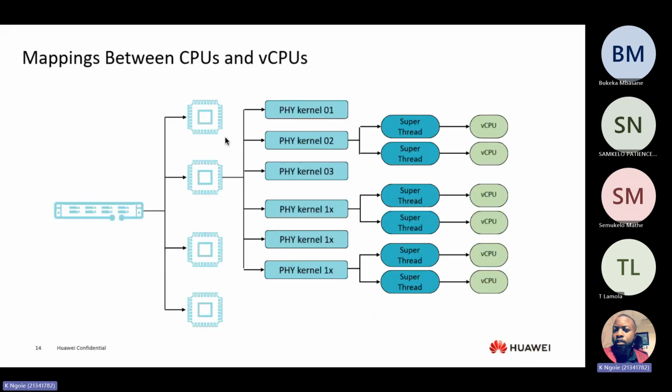Today we're going to start by talking about mapping between CPUs and vCPUs. vCPUs just means a virtual CPU. When we talk about a hypervisor, I don't know if you remember yesterday we spoke about it: a hypervisor like FusionCompute, KVM, or VMware is software that helps you create virtual machines.